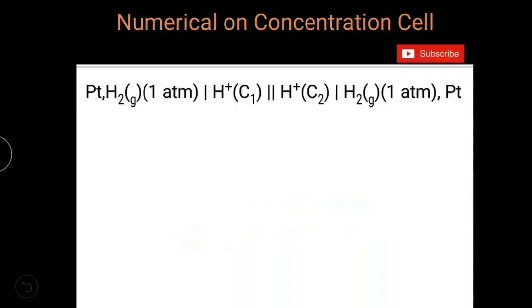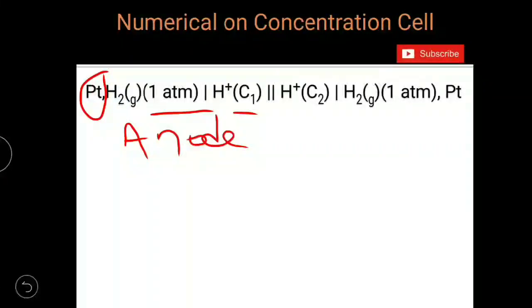This is the cell representation of hydrogen electrode in which a platinum wire surrounded by hydrogen gas at 1 atmosphere pressure is placed in H plus ion solution whose concentration is C1, which acts as anode.